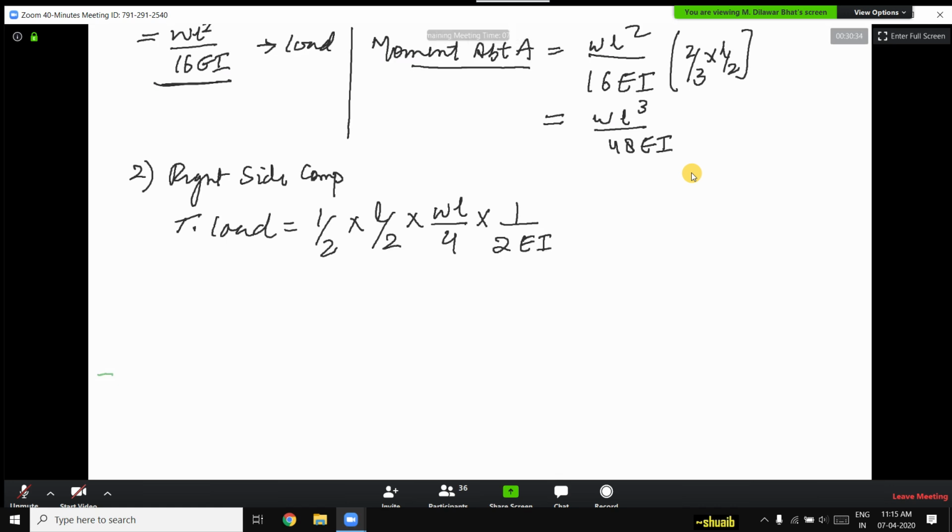Because I has changed now, from I to 2I. Therefore, your total flexural rigidity here becomes twice EI. So you can here say that the total load is now WL square by 32 EI.